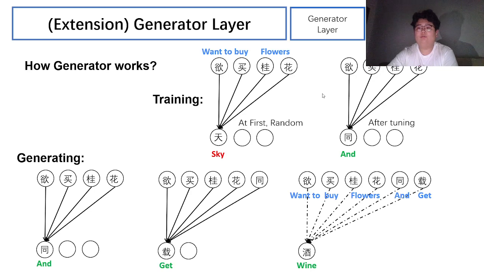In this example, when 4 characters are given as input, the model will use the 4 input characters to guess what the next character will be. At first, the model makes a random guess and guesses the character "sky", which is completely incorrect. We tell the model the result and correct output.